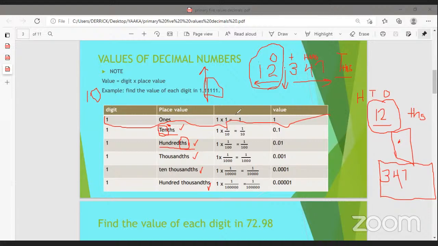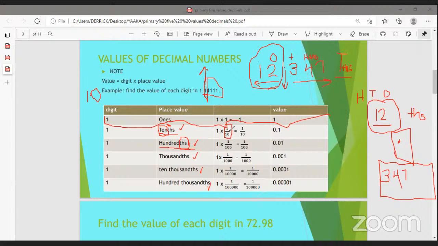So to get its value, we get 1 times its place value, which is 1 out of 10, because when you look at its position here, it's the tenths position. Place value is the position. Then the value, we get it by multiplying a digit times its place value.